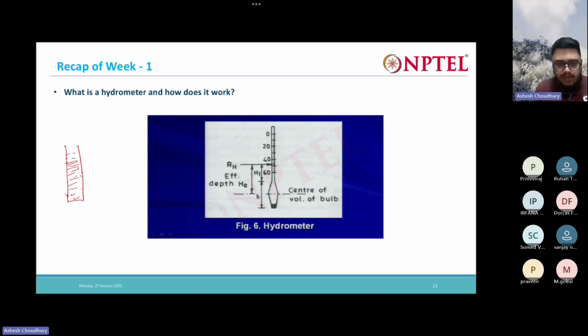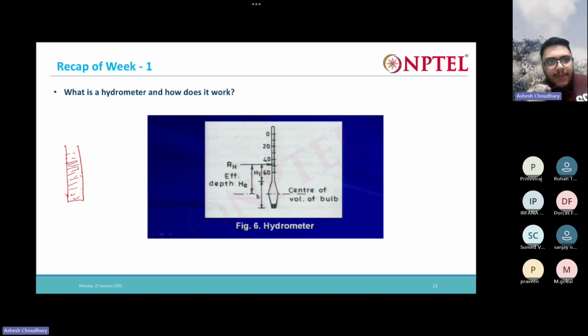So why do we use distilled water? Distilled water is used in hydrometer analysis because it does not have ionic properties, it doesn't have ions in it. If there is ionic property in the water, it is going to make those tiny soil particles charged.